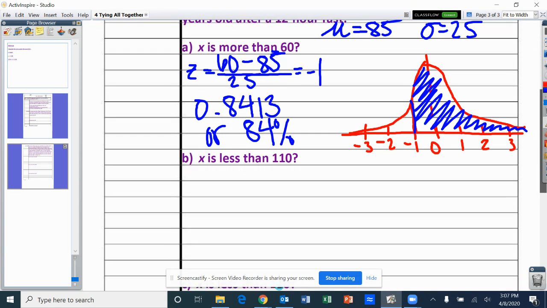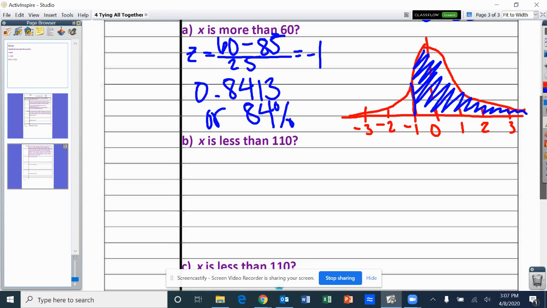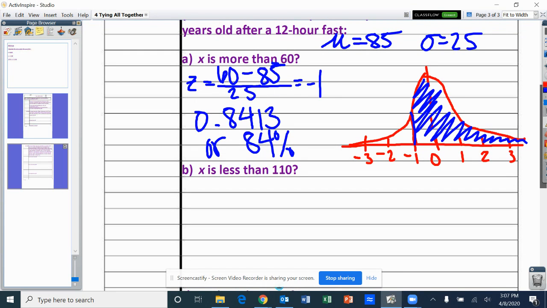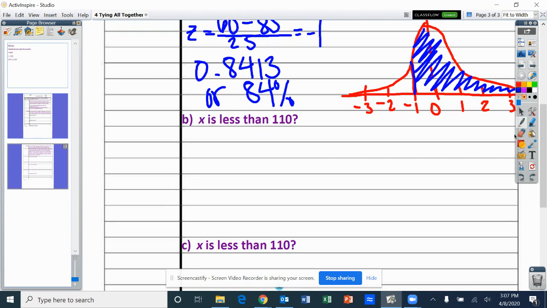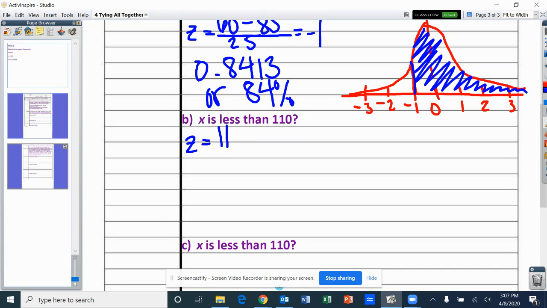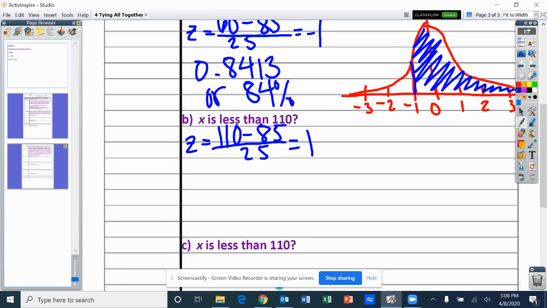What if we change the question and said less than? It's the same first step. We still need to find the z-score. So mu is still 85, sigma is still 25. This time we get a z-score of 1. Sketch the normal curve and shade the area that corresponds.